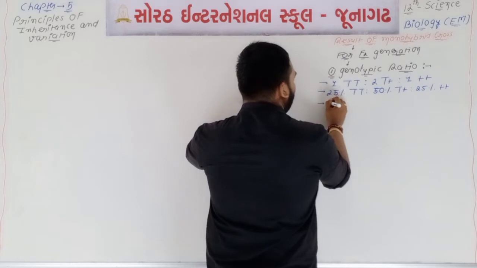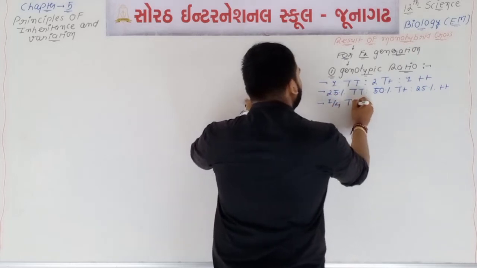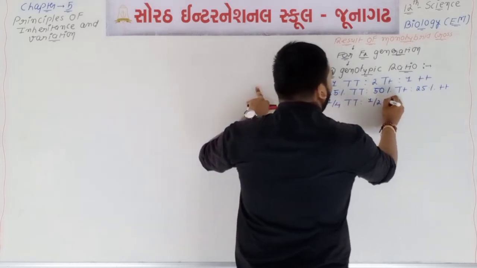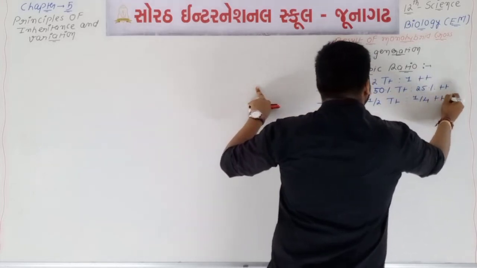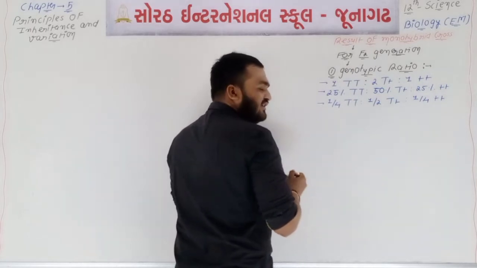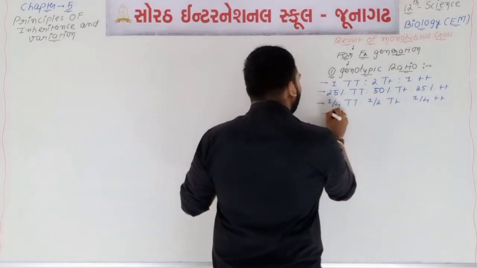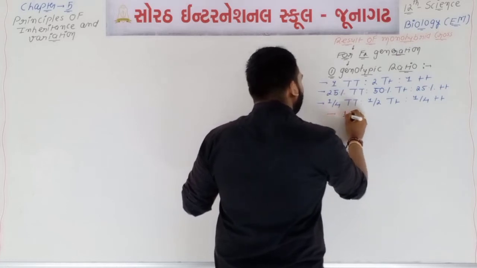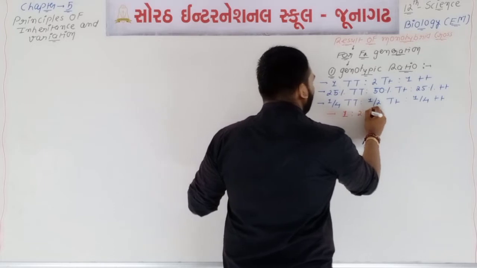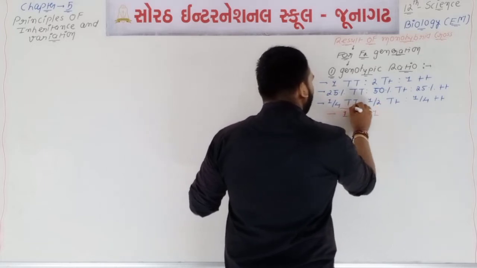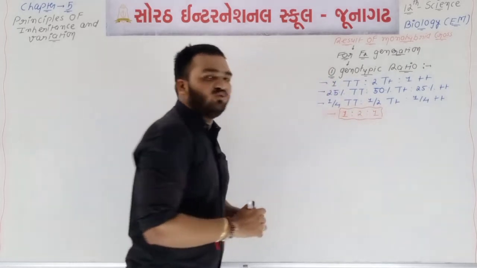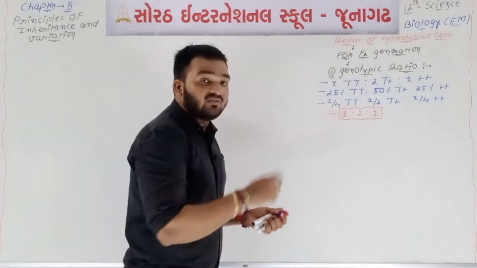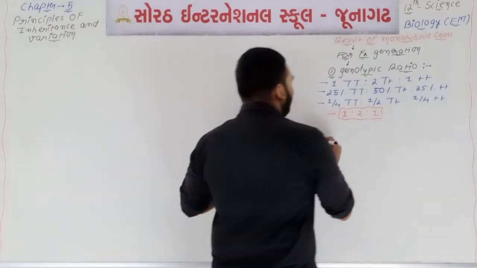It means 1/4 capital T capital T is to 1/2 capital T small t is to 1/4 small t small t. In short, you only remember that the genotypic ratio is 1:2:1.